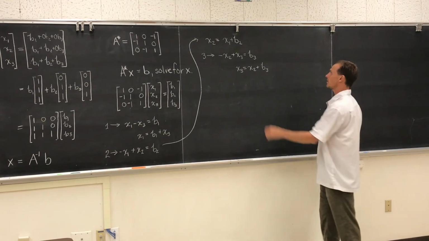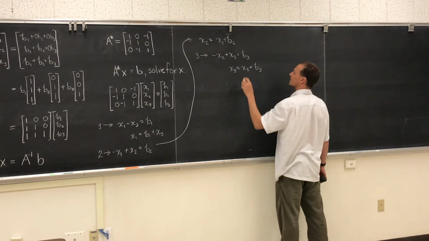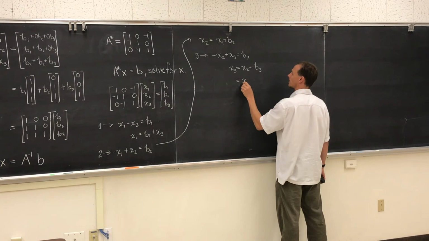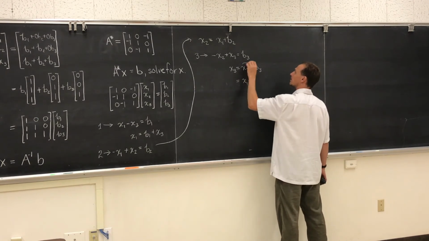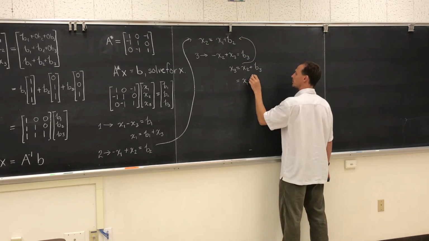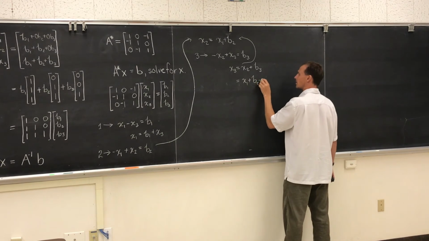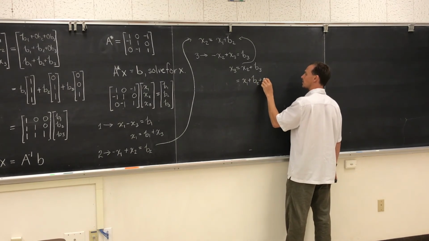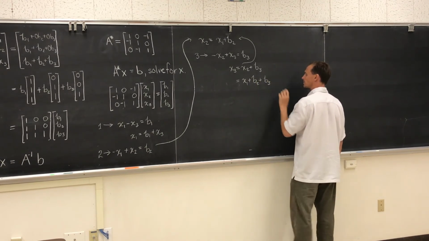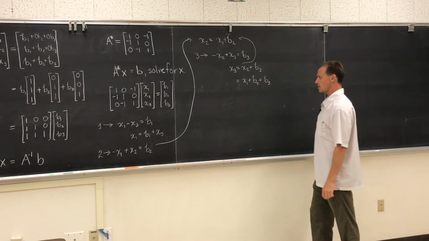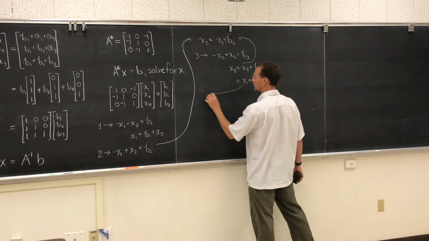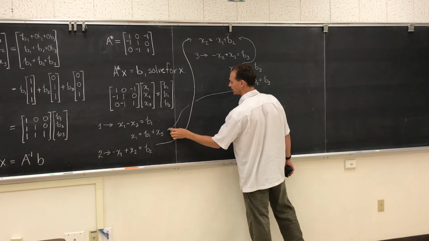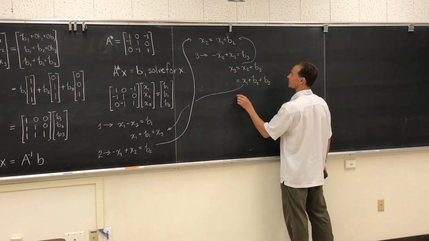Oh, but look at this. Well, x2 is x1, right up here, plus b2, plus b3. Oh, and there's x1. Look at that. x1 is right there.